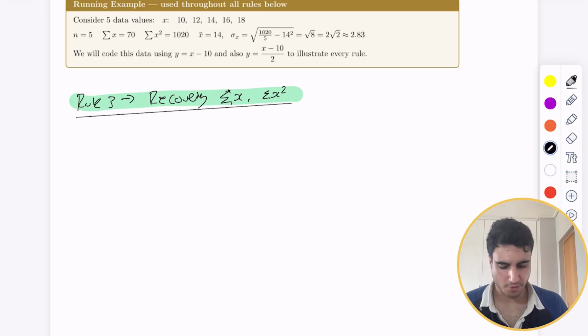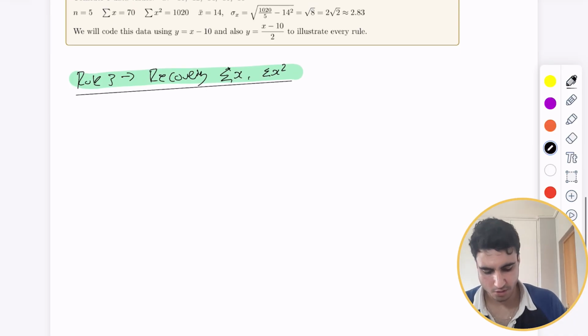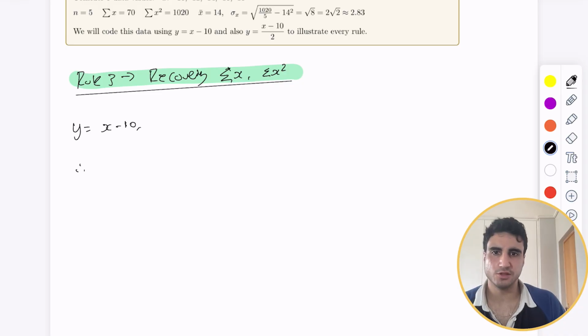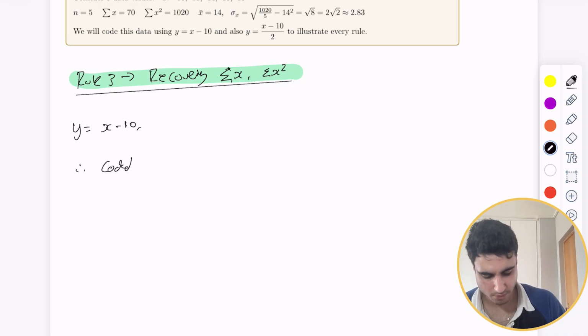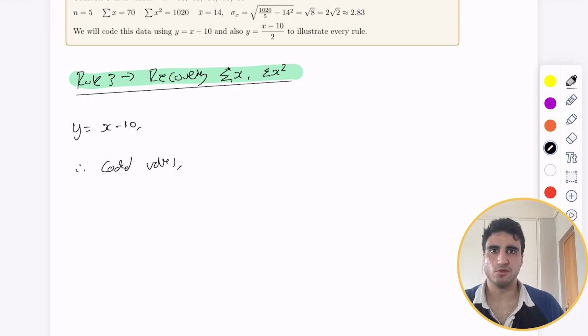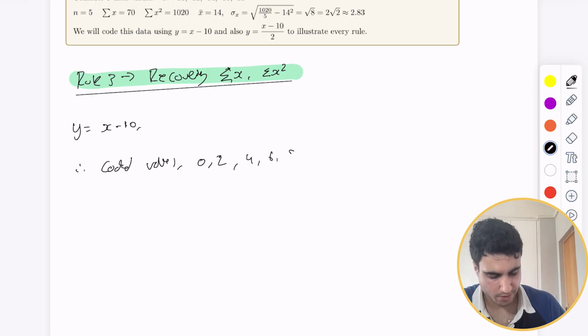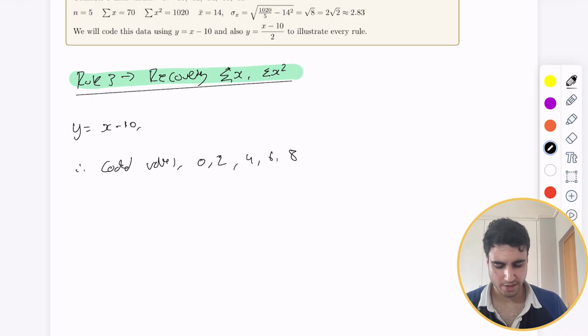Okay, so using y equals x minus 10, what are our values going to become? Well, we've already calculated that. Our values, same as the original example, 0, 2, 4, 6, 8. Okay, perfect. Cool. So what does that mean here? Well, these are our coded values.